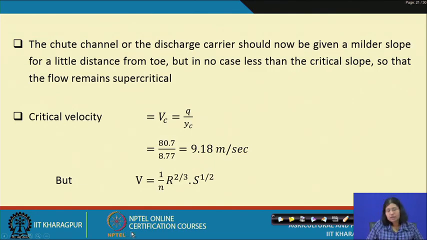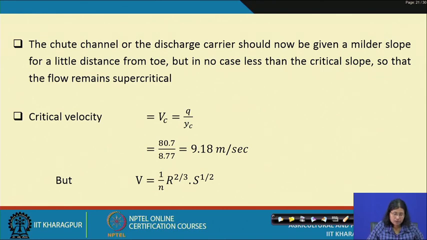Hence, the flow at the top of the spillway is supercritical. The chute channel or the discharge carrier should now be given a milder slope for a little distance from the toe, but in no case should this be less than the critical slope, so the flow remains supercritical.